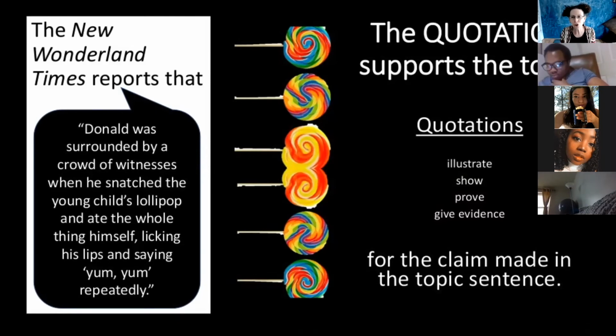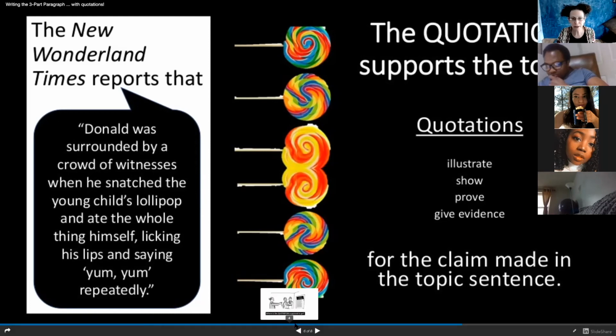So this shows how a quotation from an article backs up the idea that Donald was, in fact, the person who committed the crime.